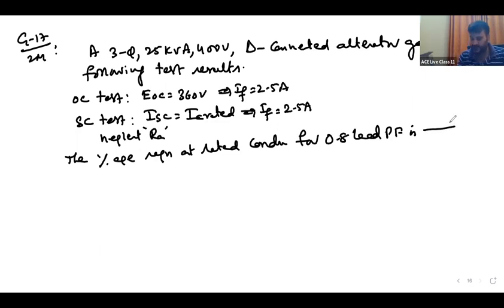Fill in the blanks question. The percentage regulation at rated condition for 0.8 leading power factor is dash. Is the question clear now?